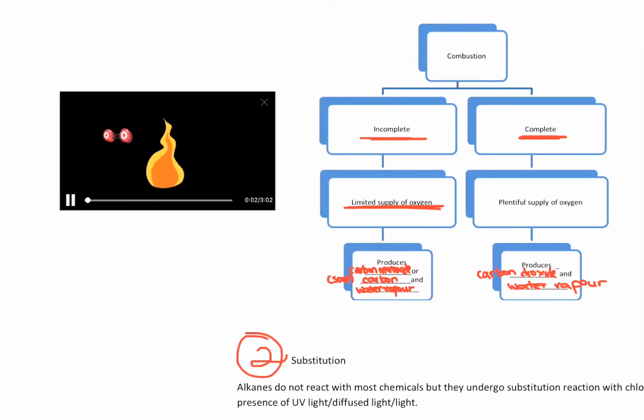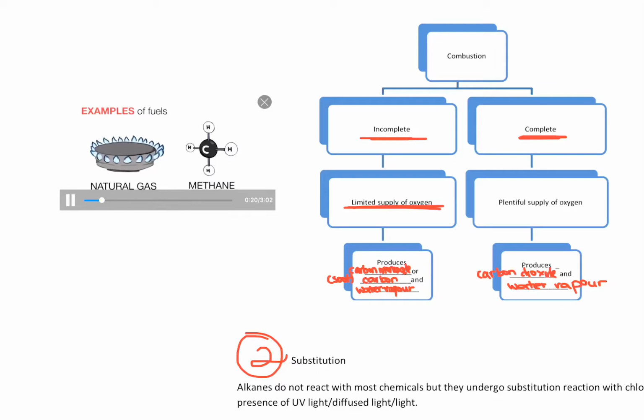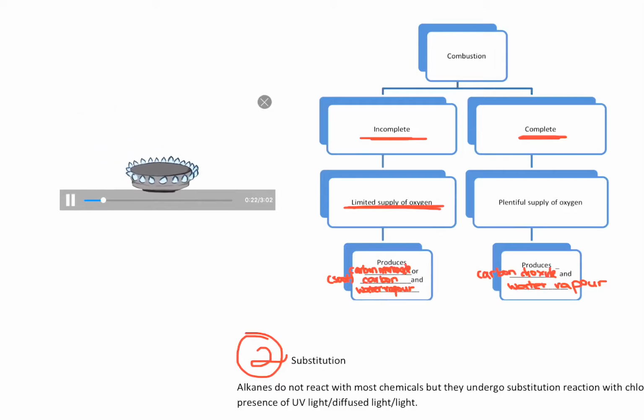Combustion is burning, usually in air which is all around us, or oxygen. It's an exothermic reaction, which means it gives out heat. A fuel stores potential energy that can be released as heat when we burn the fuel. An example of a fuel is natural gas or methane. This is the fuel we burn to heat up our food.